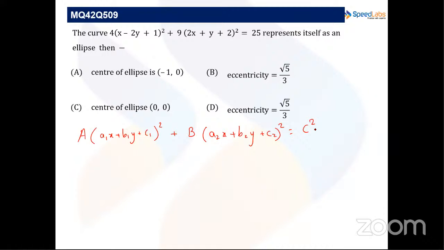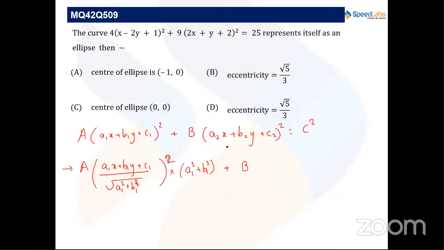And how we will convert this equation into standard form is, step 1, (a1x plus b1y plus c1) whole square, we need to divide it by the root of a1 square plus b1 square. When you multiply and divide it, since you are having a square sign, the root sign will cancel out and it will be a1 square plus b1 square.